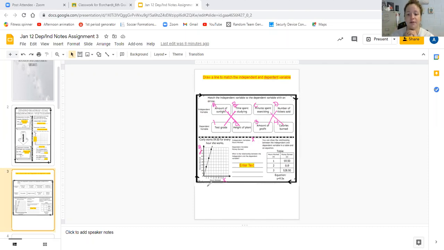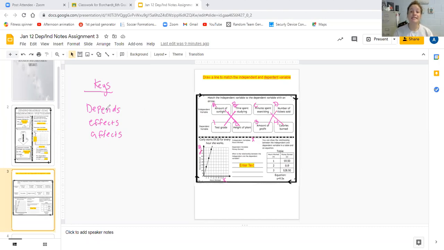All right. So the next part, it says, what is the relationship between the independent and the dependent variable? So we have to write a sentence. Okay. Remember our keywords. When we're writing sentences, we have to use keywords like depends, affect, now, depending on which of these words that you use is which one comes first.